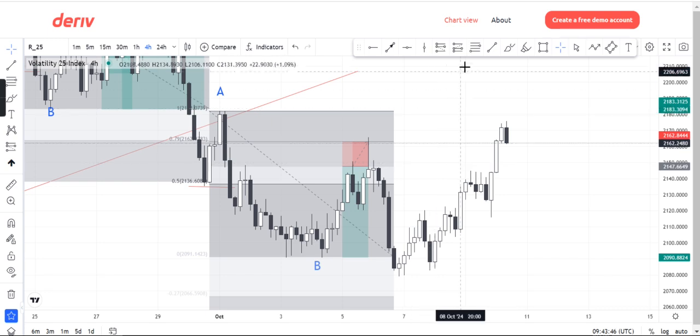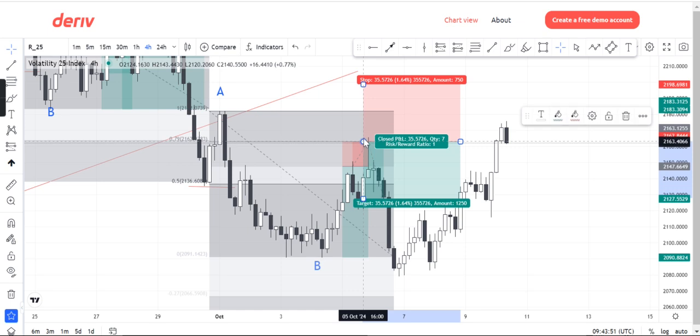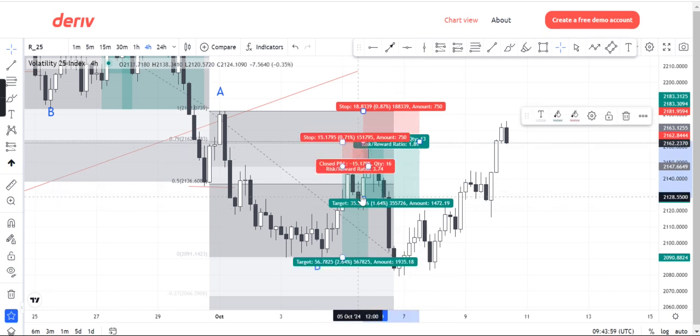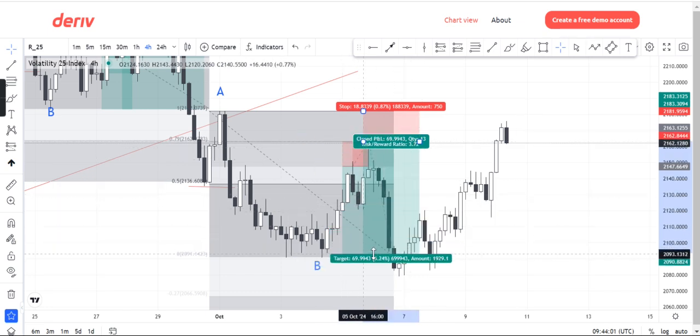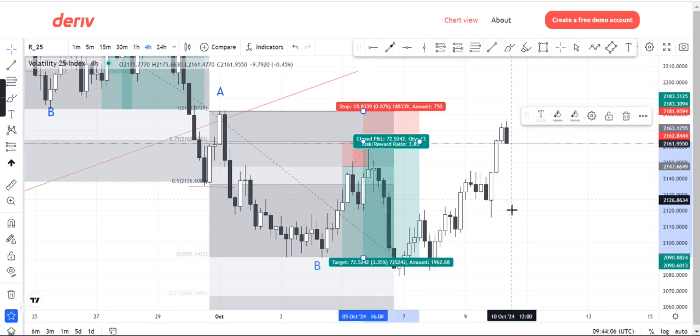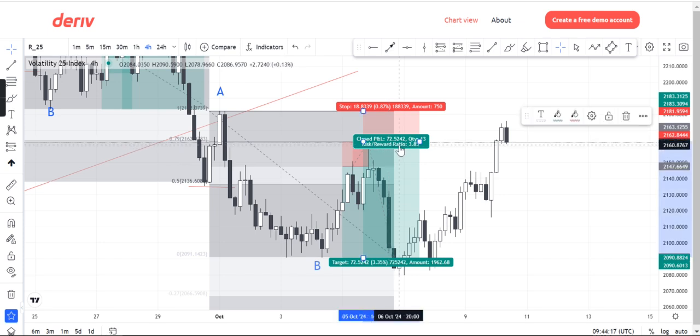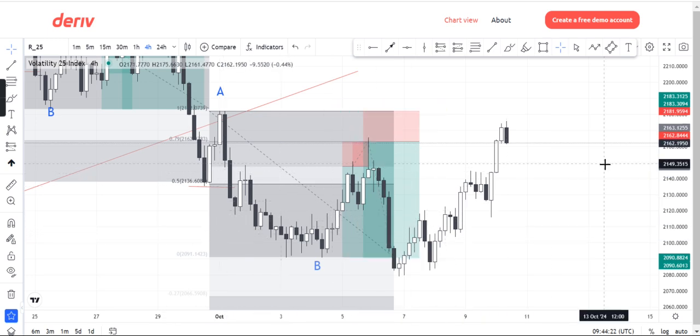And then the second entry got tapped in at this point, the 0.79 level, and our take profit got hit. So this was actually a 1:3.885 risk to reward ratio on this particular trade.